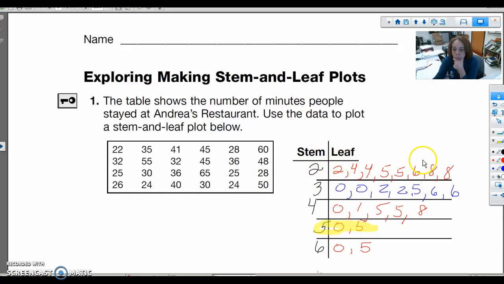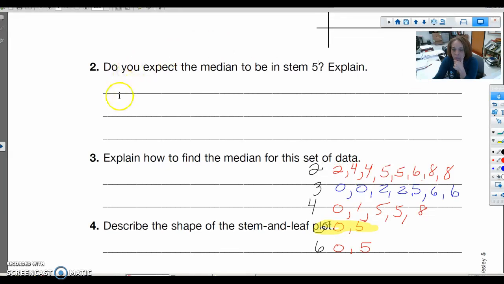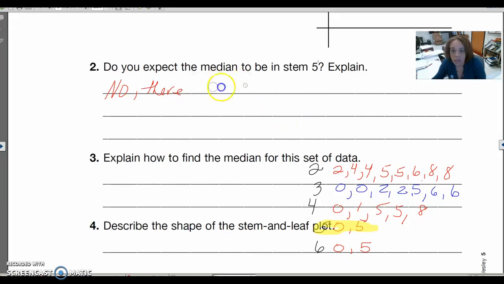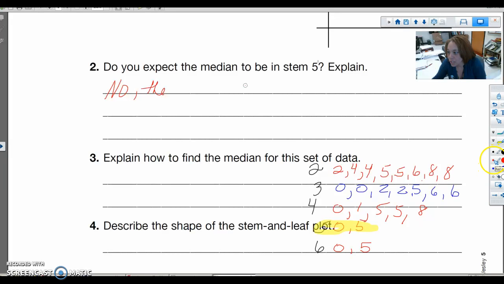So how can I answer that question in words? I would say, do you expect the median to be in stem 5? No. Let's say it this way: the median is the middle number, and that's too far away.